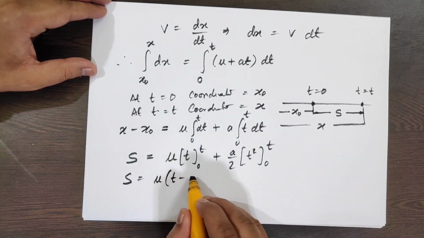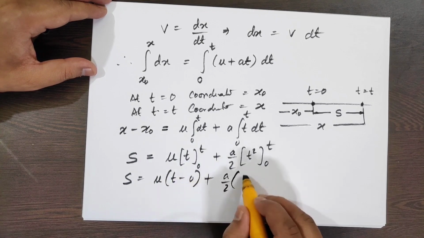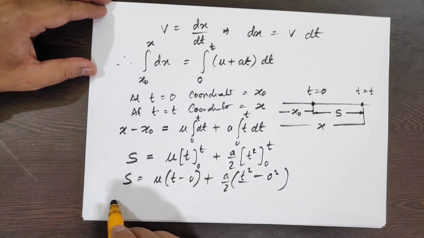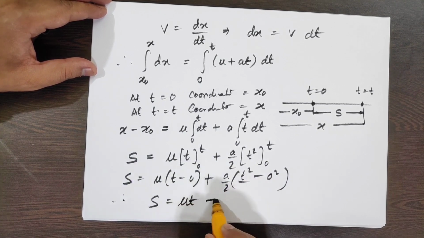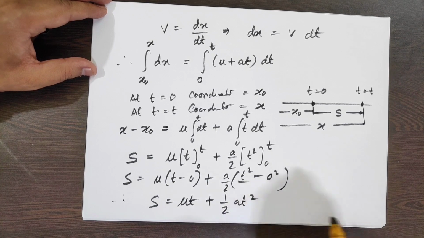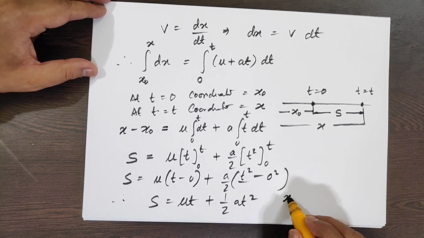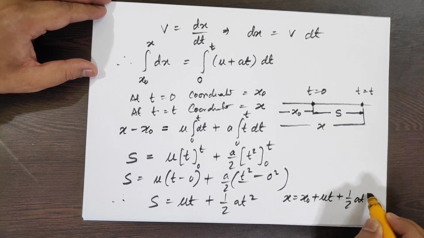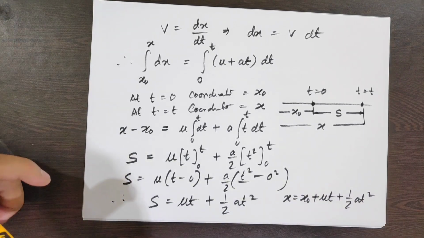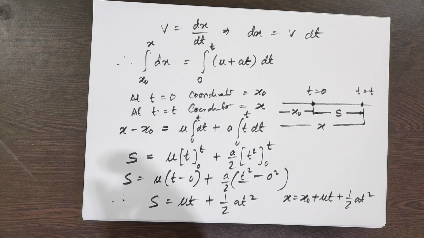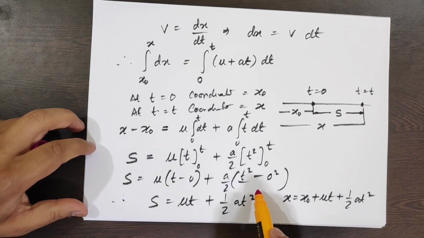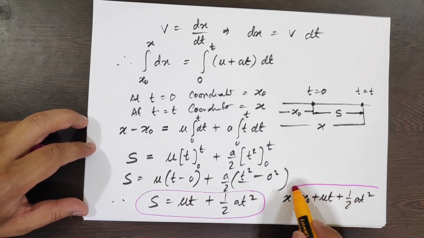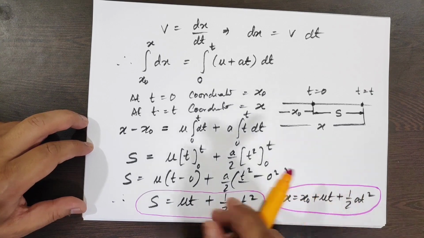Now u t minus 0 plus a by 2 times t square minus 0 square, right? Therefore you get s equal to ut plus half a t square, or you can keep it like this: x equals x naught plus ut plus half a t square. This is in terms of the displacement, and this is in terms of the coordinates. x minus x naught is equal to s.